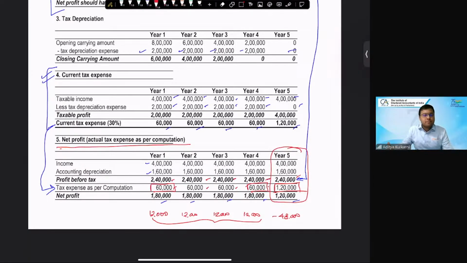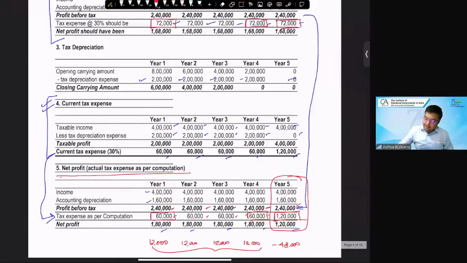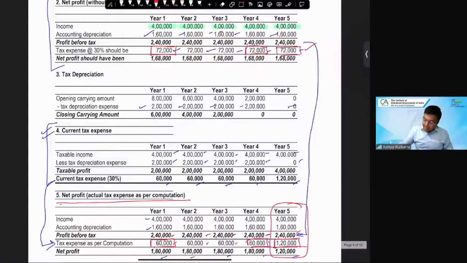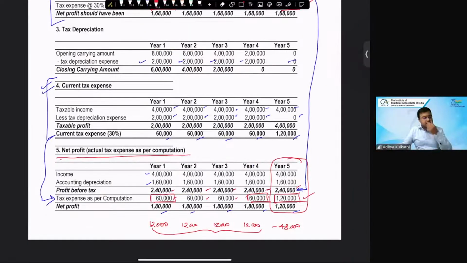If I look at the cumulative 5 year picture, whatever tax I have booked here, 72,000 into 5, and whatever tax I have booked here, which is 60,000 into 4 plus 1,20,000, is exactly the same.